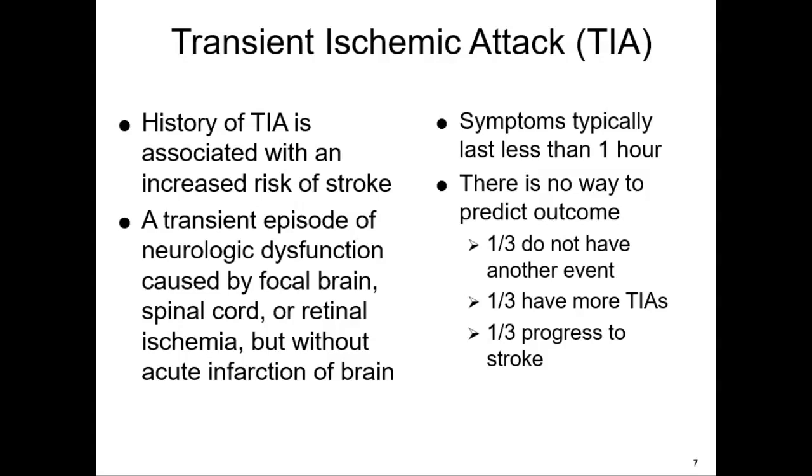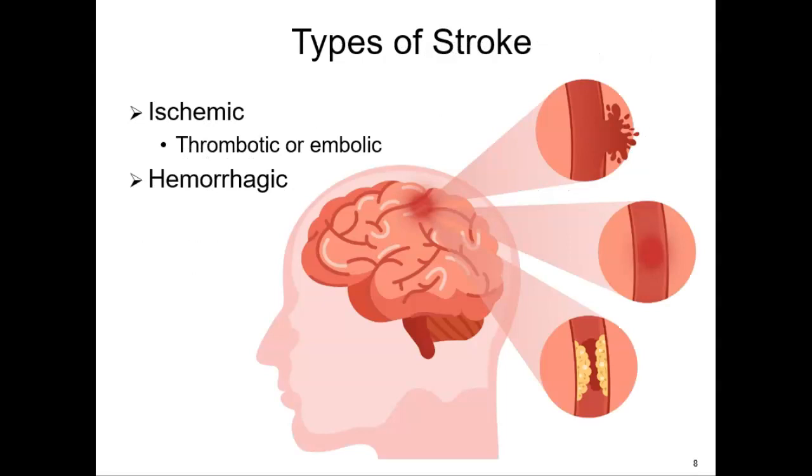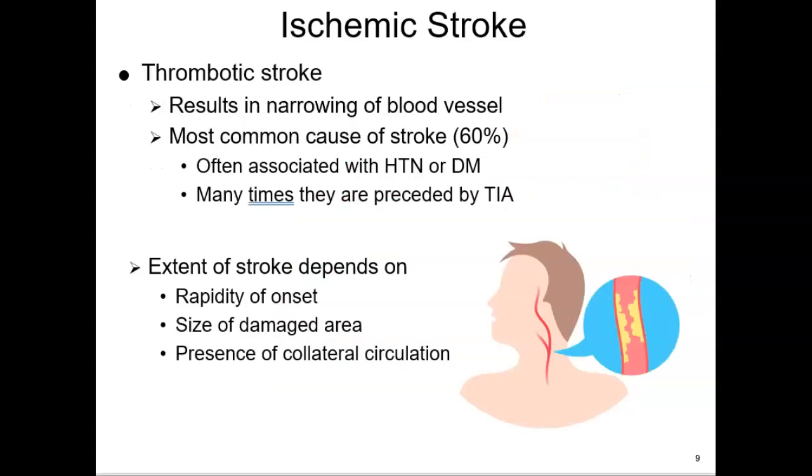All right, so let's continue on to the different types of strokes. There are 2 different types. There's the ischemic, which can be thrombotic or embolic, and then the hemorrhagic. The thrombotic stroke is the most common stroke.